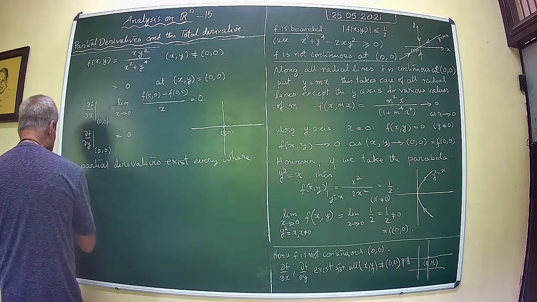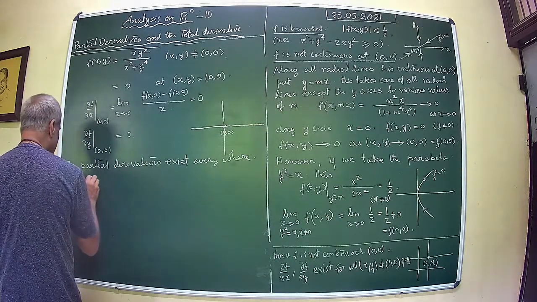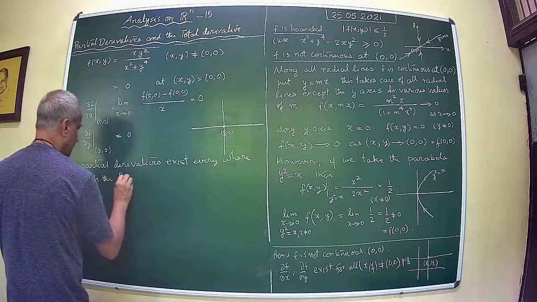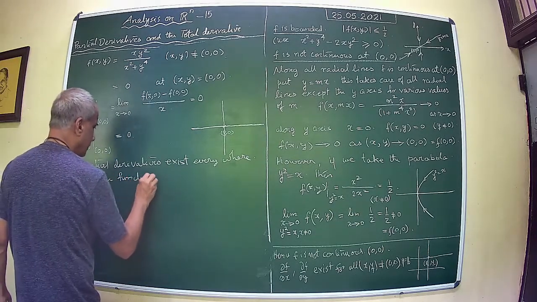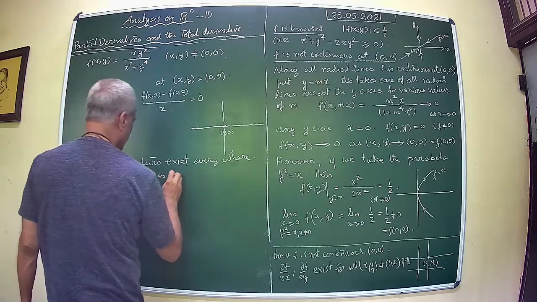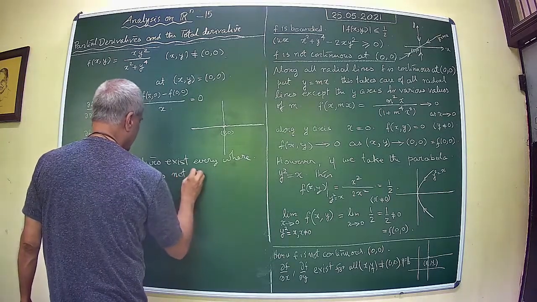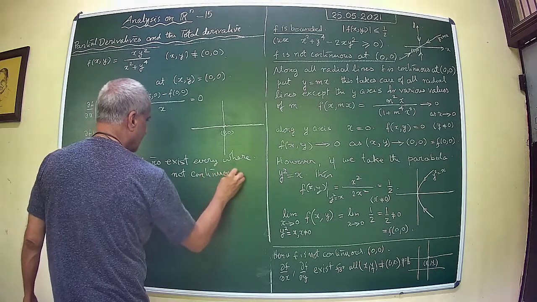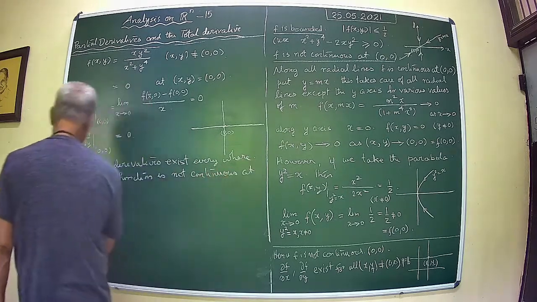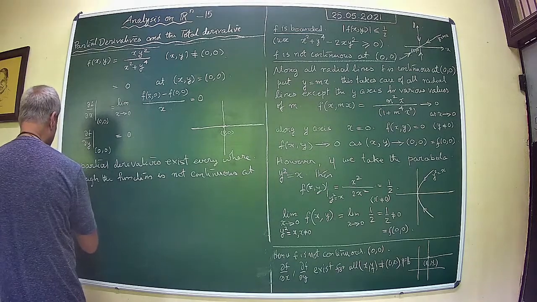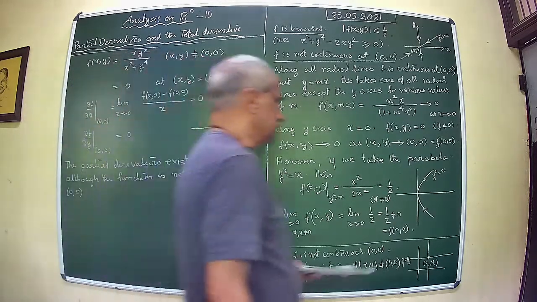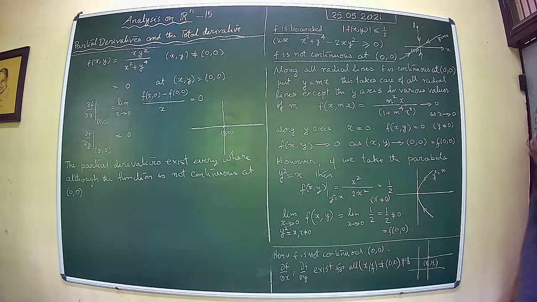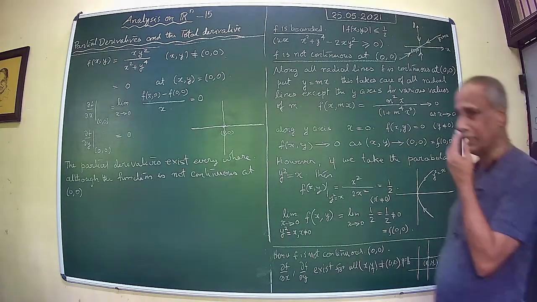although the function is not continuous. Therefore, the function f is not continuous. However, both the partial derivatives exist at 0, 0.